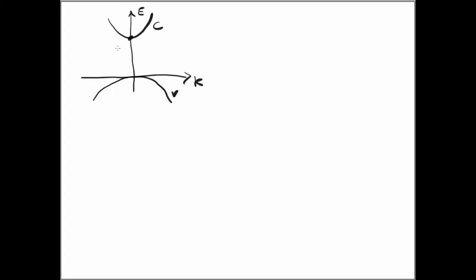So the minimum of the conduction band is aligned with the maximum of the valence band. So this represents the characteristic case of what we would call a direct semiconductor. And this is true for example for germanium, indium arsenide, and so on.